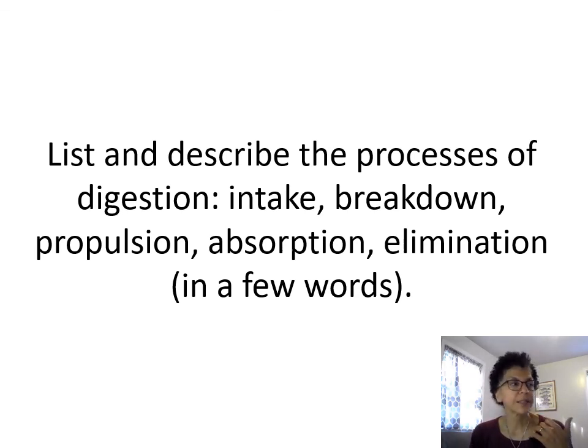You should be able to explain the kinds of things that are being absorbed, and again, what are the basic organs that are doing the absorbing? Elimination is to get rid of waste. So you should be able to identify the organ that's eliminating and the basics on how it does it. So you see in parentheses here, in a few words or less, can you describe what this process is and some body parts that take part in it? Some examples.